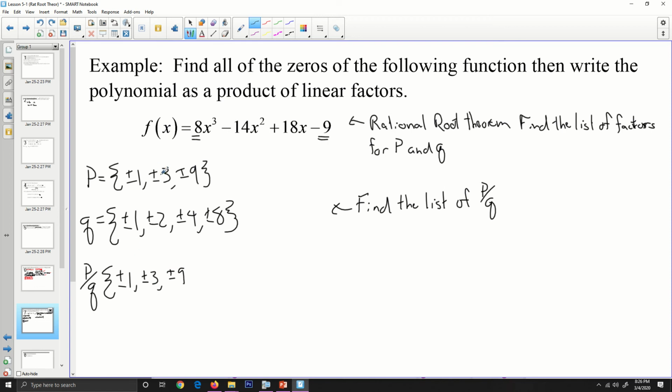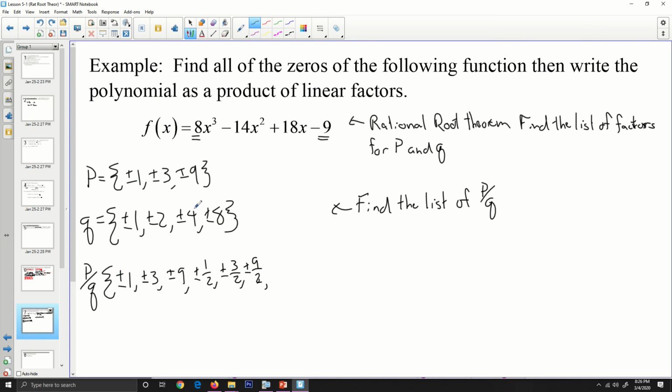And then I go over to 2, and 1 over 2 is a half, 3 over 2 is 3 halves, and 9 over 2 is 9 halves. And none of these reduce down to any in that list.